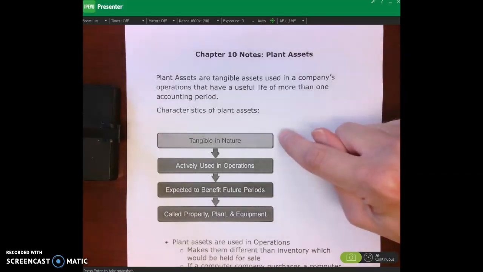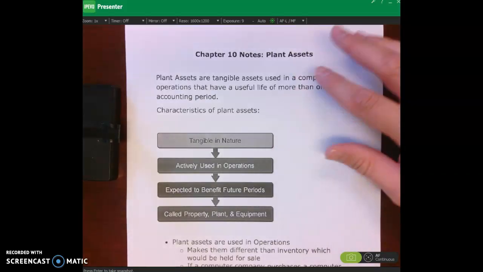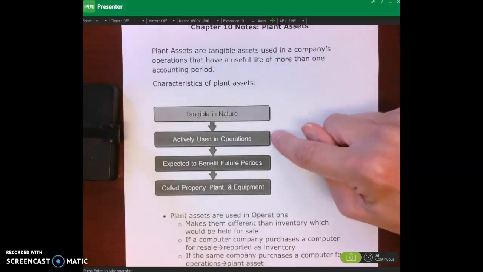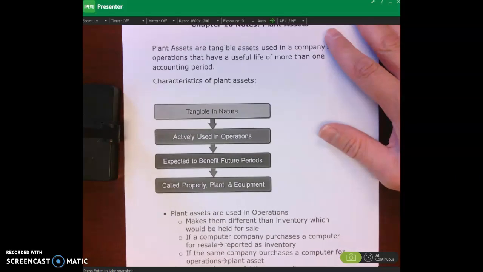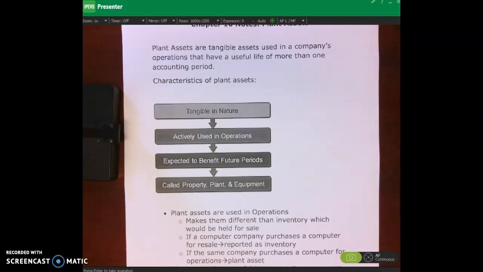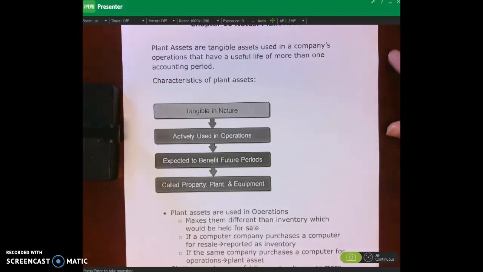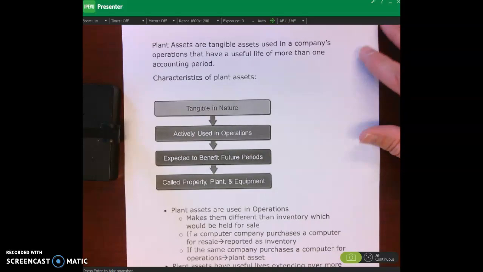So we talk about some of those characteristics in this figure. I've kind of already talked about that. So it's tangible in nature. It means you can touch it. It's actively used in the company operations. So it's used to generate revenue. It's used by the CIO or the CFO or the office admin to do their jobs on a daily basis, used in company operations. Expected to benefit future periods.